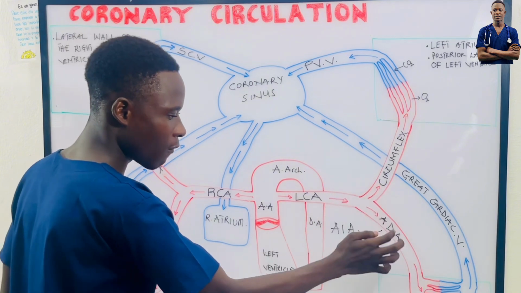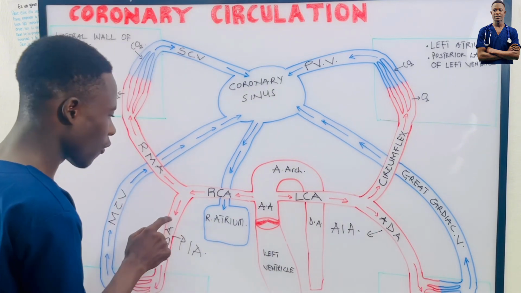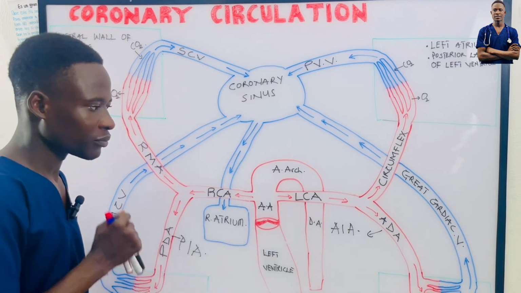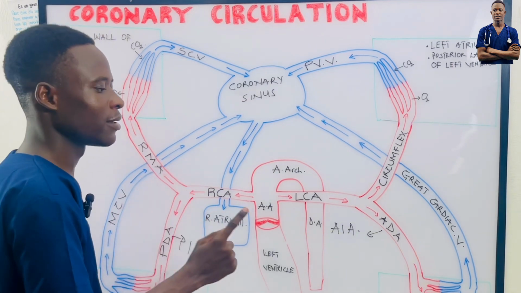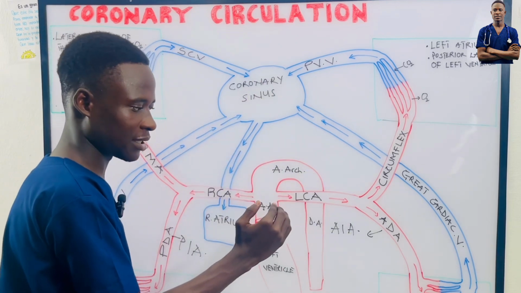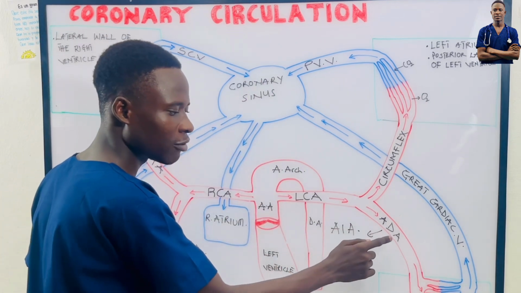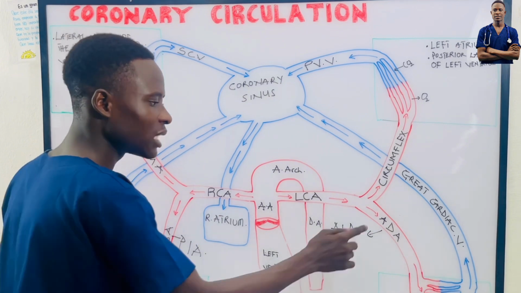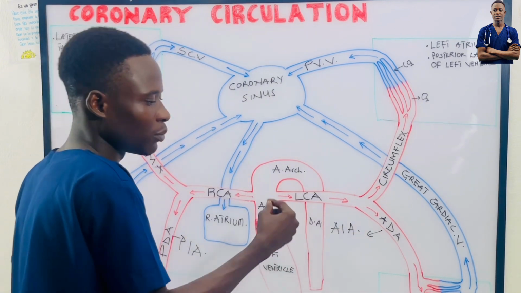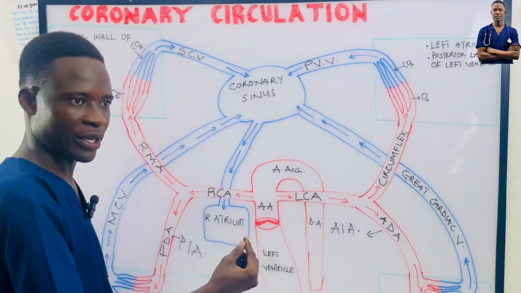Now let's look at something here. Amongst these four main coronary arteries, we have one that is very susceptible to blockage. You understand? And that is the anterior descending artery. Why is it that the anterior descending artery is the one that is easy to get blocked if there's plaque formation?